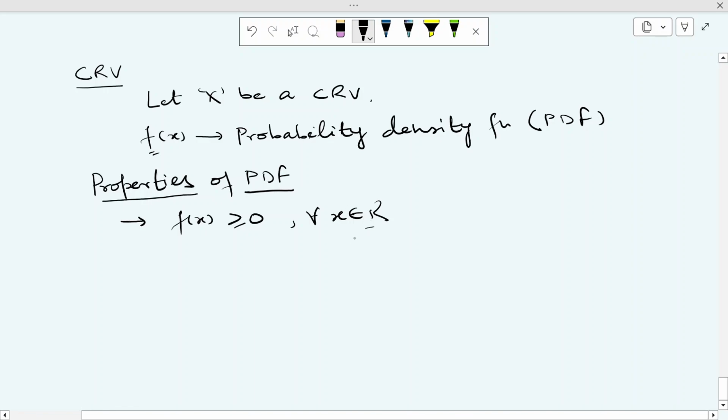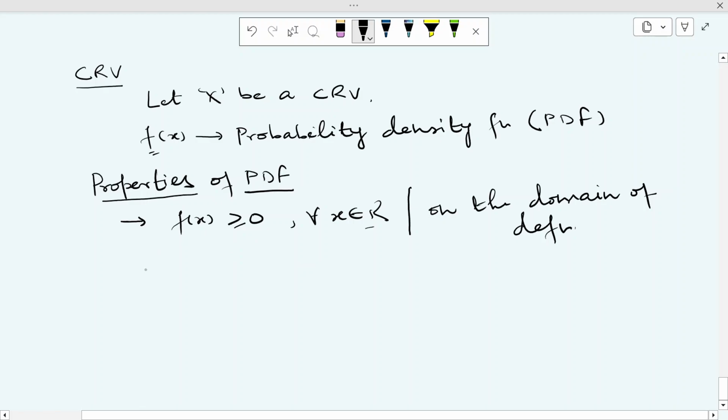We are taking the general case, so we assume x belongs to R, but you can also mark it as on the domain of definition, meaning the set on which this f(x) is defined.